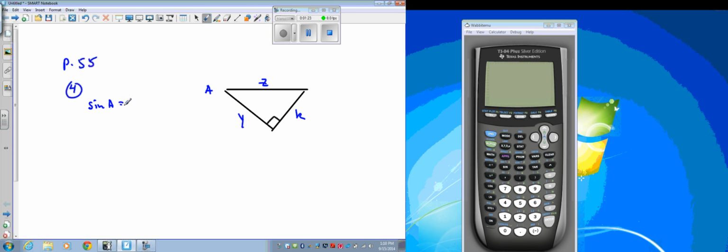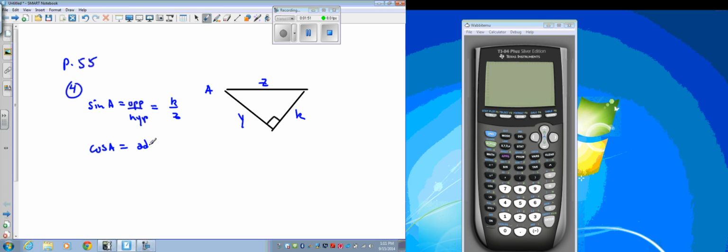What you want to use is, this is the angle, and sine is opposite over hypotenuse. And so that's going to be K over Z. Cosine, what are the words that we use for the cosine of the angle?